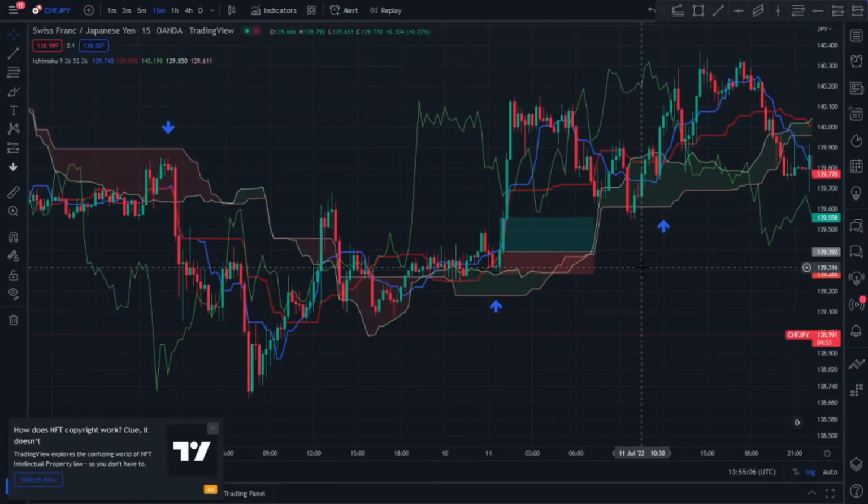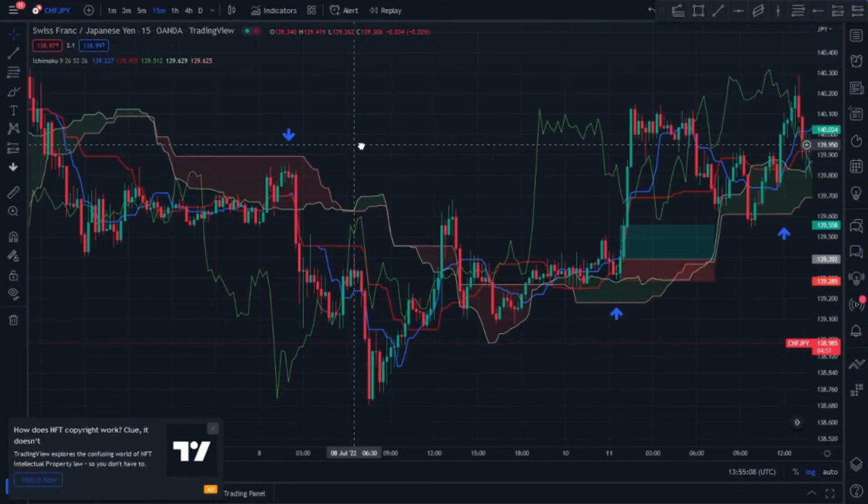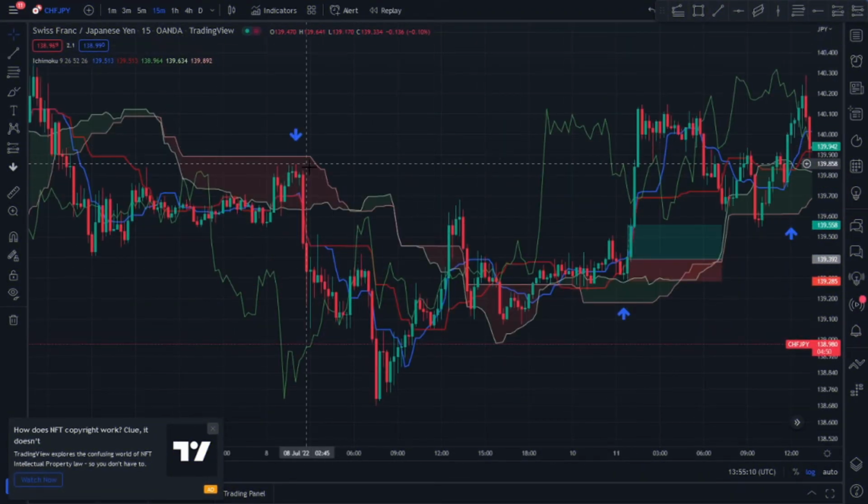In short positions, the color of the Ichimoku cloud should be red, the price is under the cloud, and the downward cross of the conversion line and baseline occurs. In this case, we open a short position.